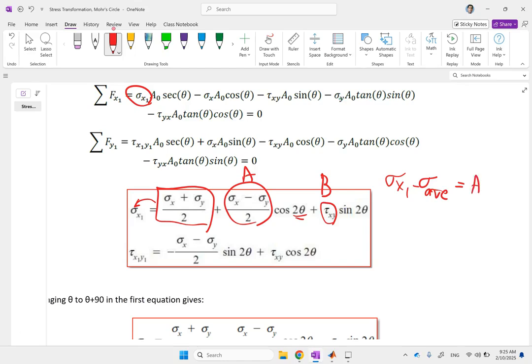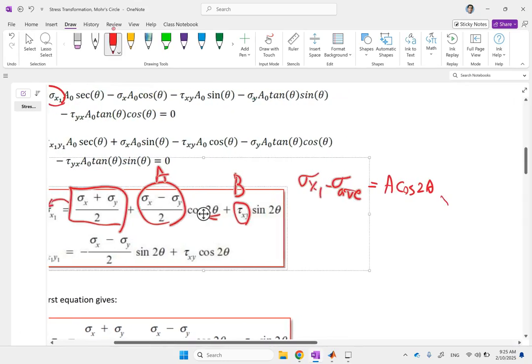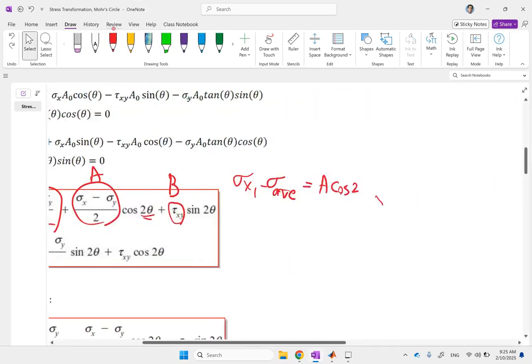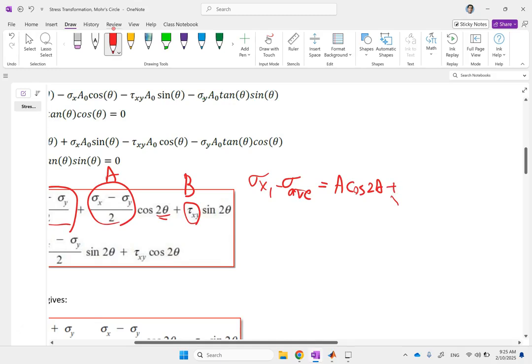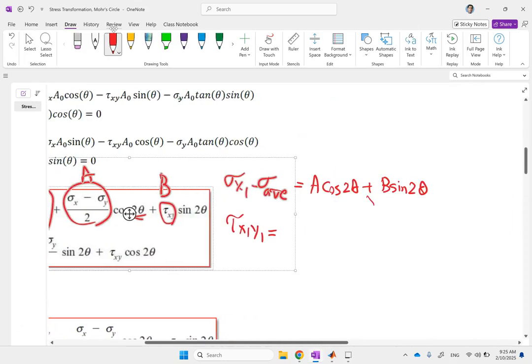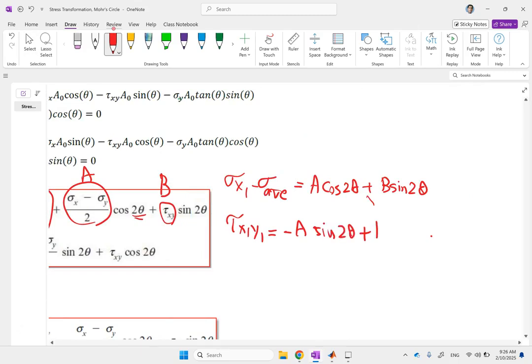So it's going to be A cosine 2 theta plus B times sine 2 theta. And then tau x1y1, look, it's negative A sine 2 theta plus B cosine 2 theta. Correct?